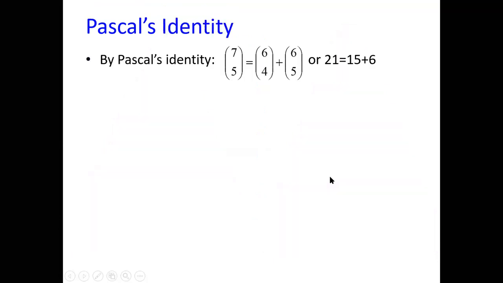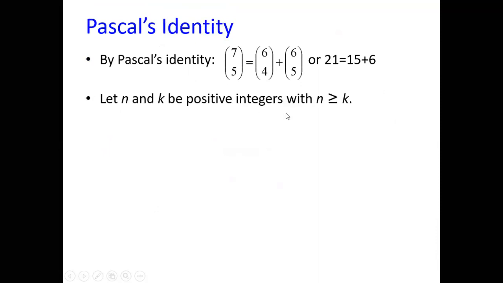So the equation will be, for any position you want to calculate using the triangle, C(n+1, k) will be equal to C(n, k) plus C(n, k-1).